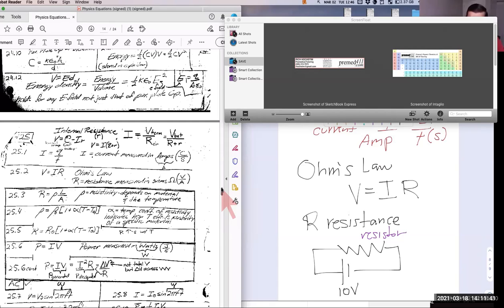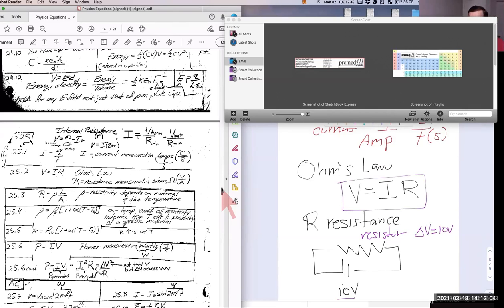And if all you have is one resistor, the drop in that voltage is going to be whatever is in the battery. That's going to be 10 volts. If you have more resistors, it'll be across those resistors in various ways. But this equation will apply.